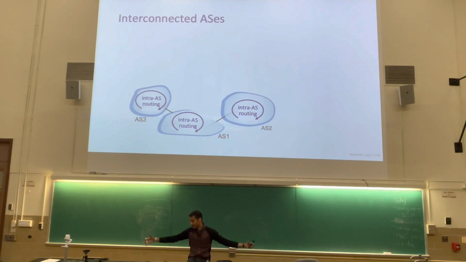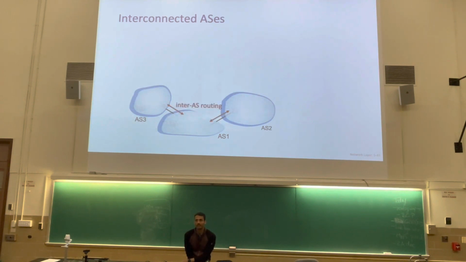Additionally, it is also running an inter-AS routing protocol that is one level higher than the intra-AS routing protocols. Both routing protocols coordinate or combine to generate the forwarding table and forwarding behavior, or the data plane behavior, at every single router. There's contributions from both.